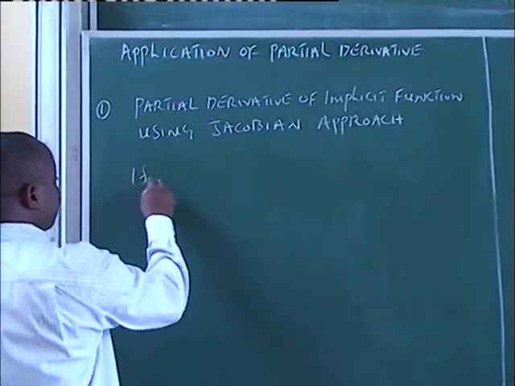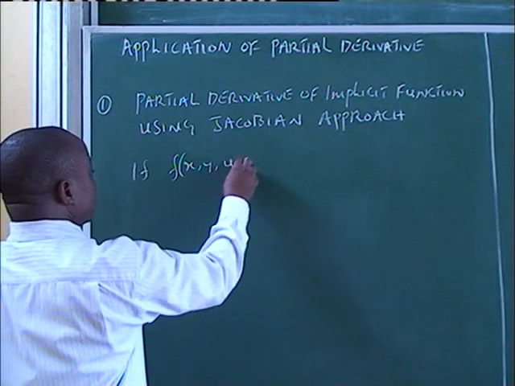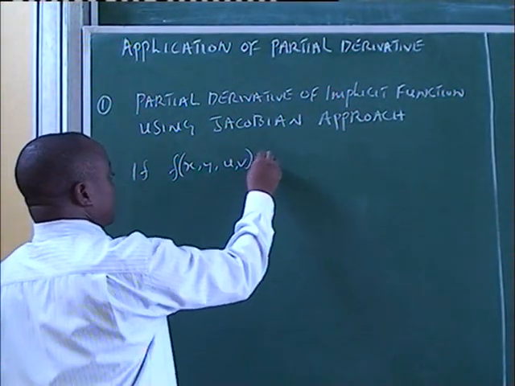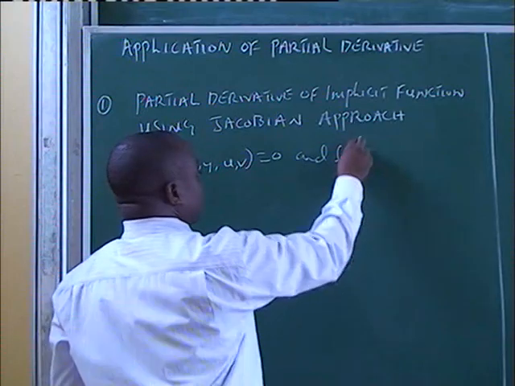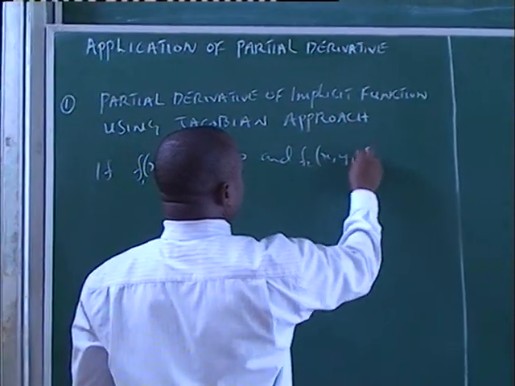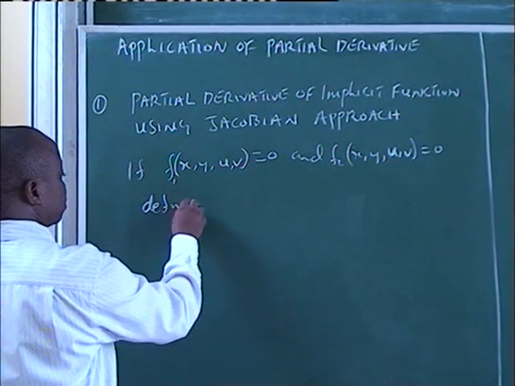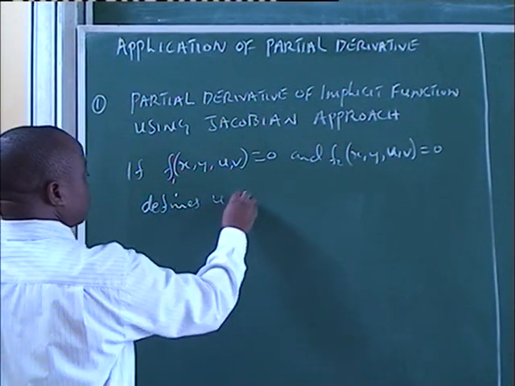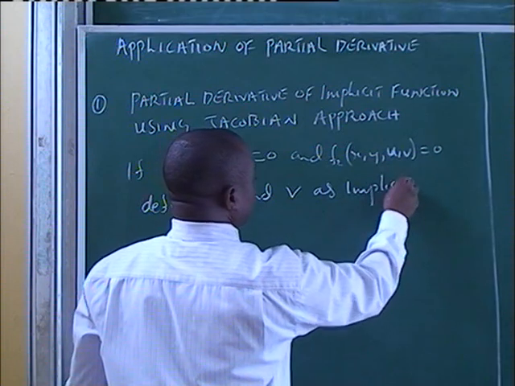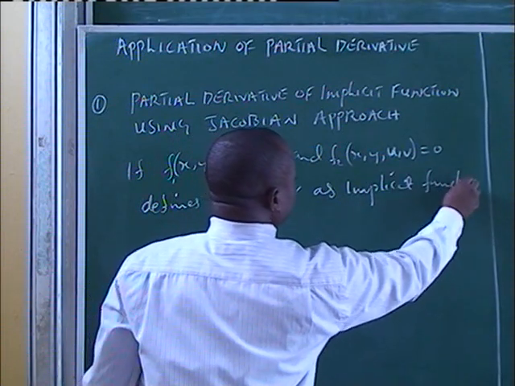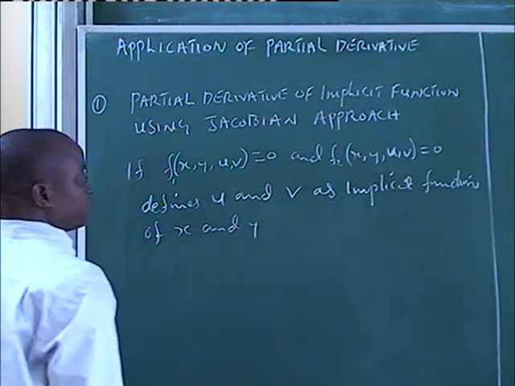Now, if f1 of x, y, u, v equals 0, and we have f2 of x, y, u, v equals 0, defines u and v as implicit functions of x and y.